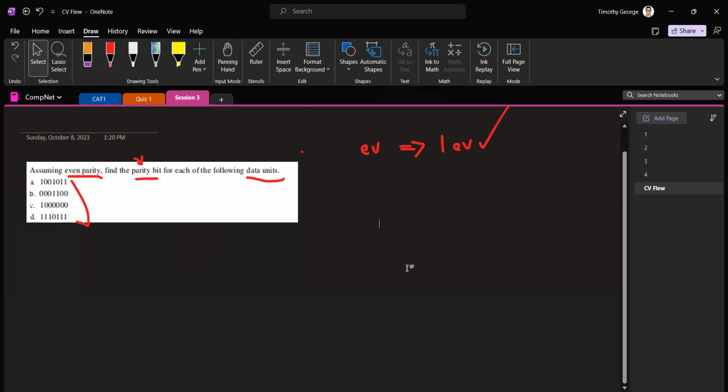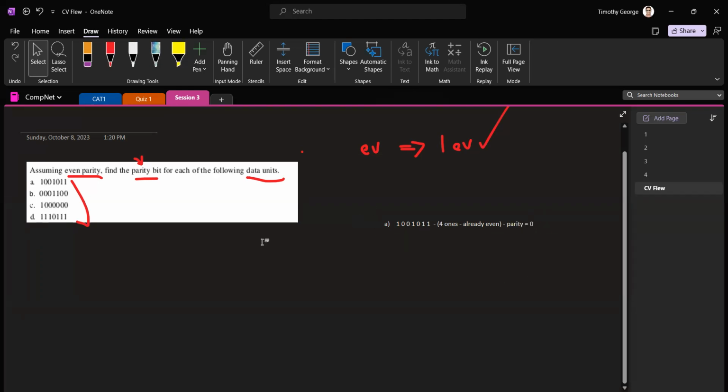If you see the first word, 1, 0, 0, 1, 0, 1, 1, how many ones does it have? It has 4 ones, so we're already even. And because of that, the parity bit will be 0.